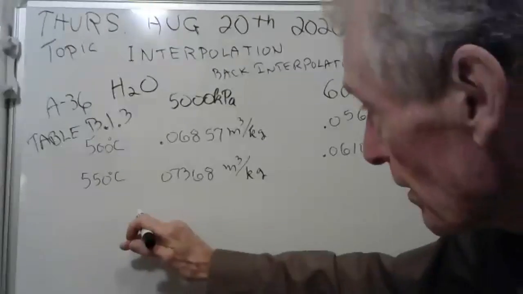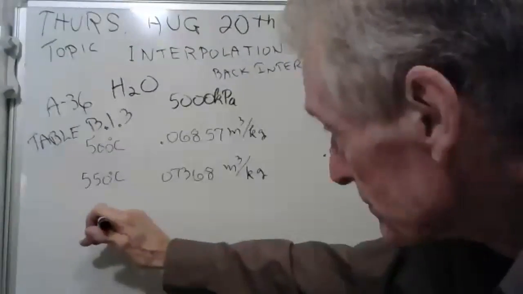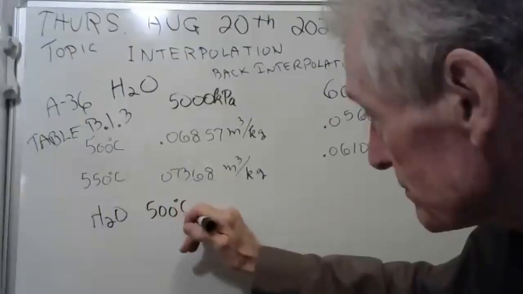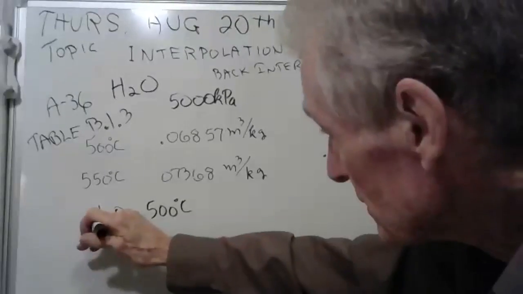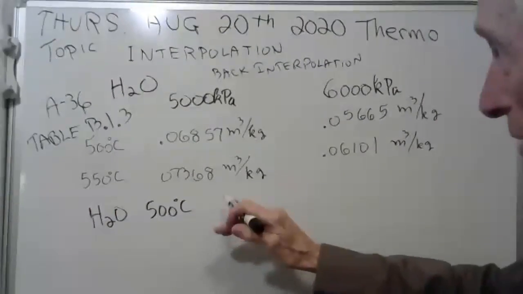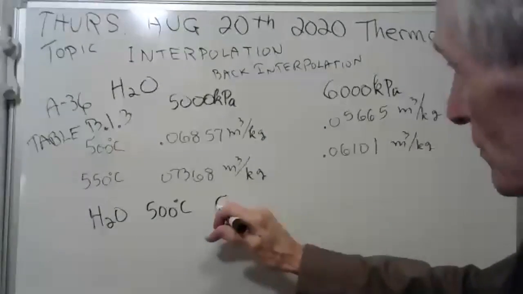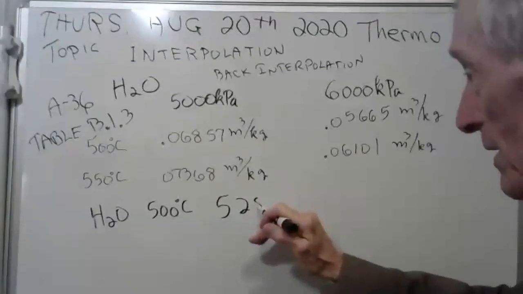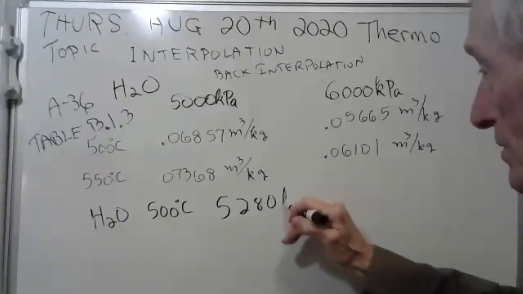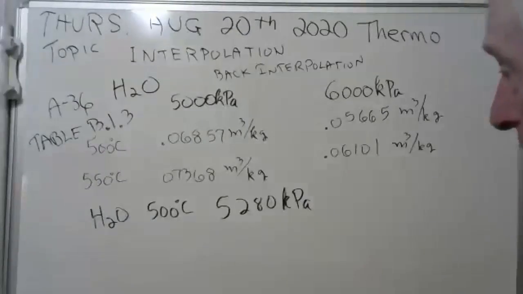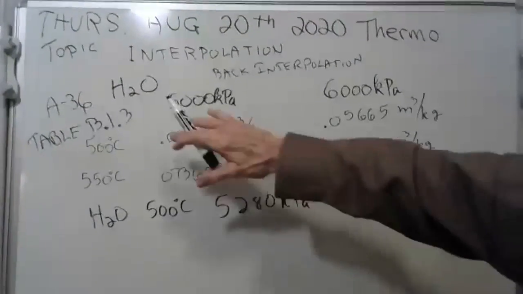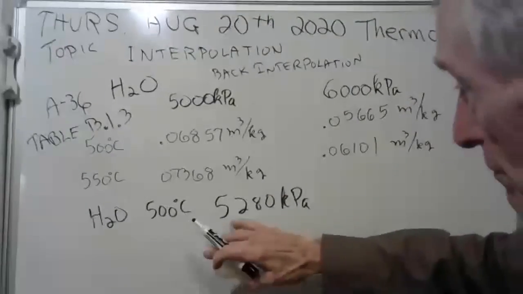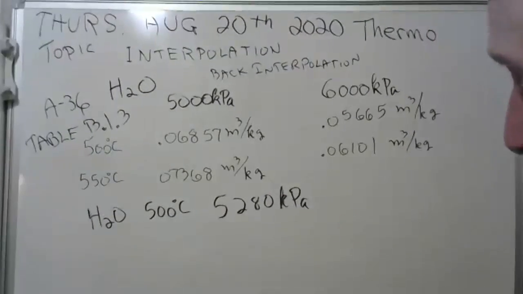You might run into a problem that you have water at 500 degrees Celsius, but the pressure is something weird, like maybe 5,280 kilopascals. Well, see, that's not in the table. We've got 5,000 kilopascals, and we've got 6,000, but we do not have 5,280.